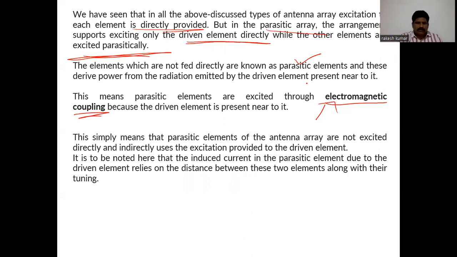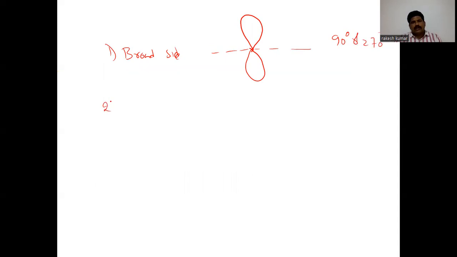So finally, totally, how many antenna arrays are there? The first one is broadside array. If this is the axis of array, the maximum radiation is perpendicular to the axis of array. So the maximum radiation will be at 90 degrees or 270 degrees. Second one is end-fire array. If this is the axis of array, the maximum radiation is along the axis, 0 degrees.